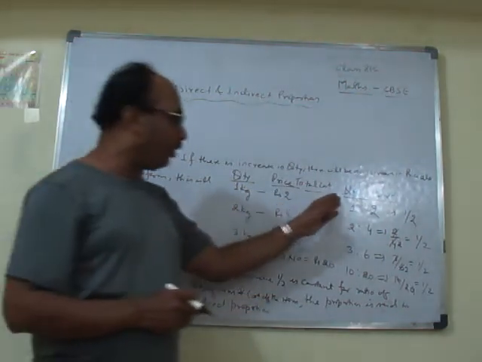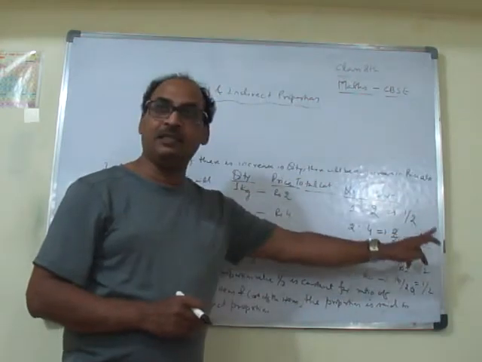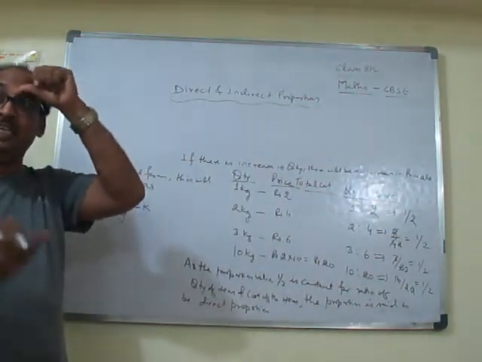You see here, for all x by y there is only 1 by 2, so this k is 1 by 2.